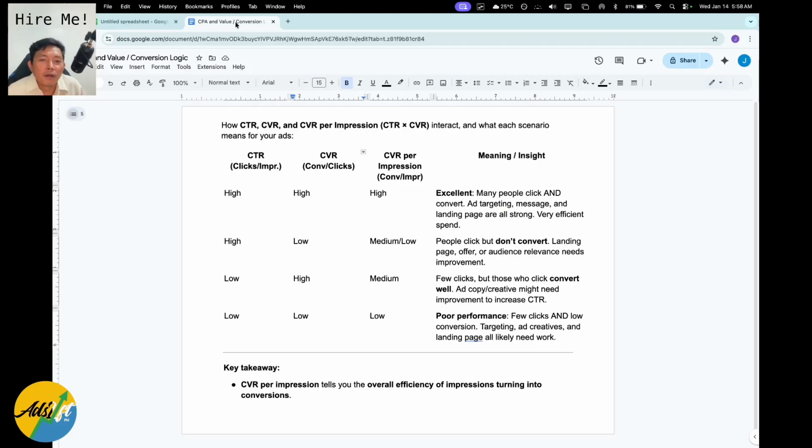So the CVR per impressions comes from the CTR times the CVR. So this is a multiplication.